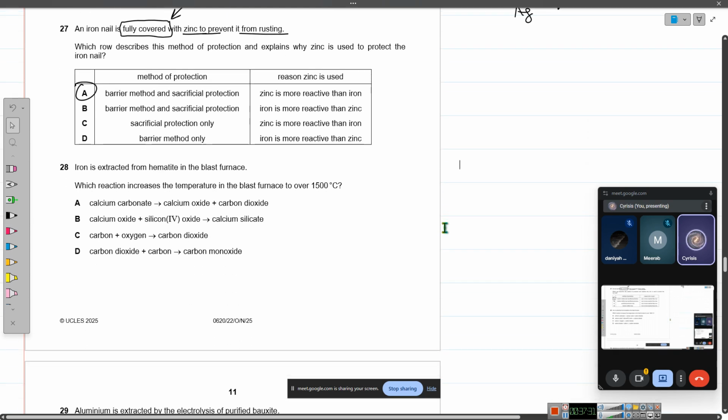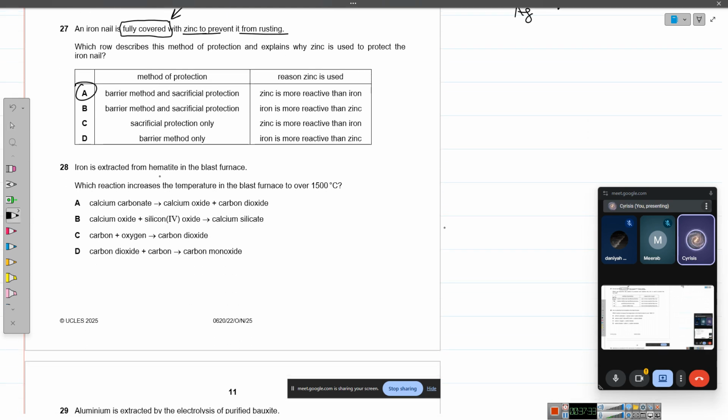Okay. Next one. Iron is extracted from hematite in the blast furnace. Which reaction increases the temperature in the blast furnace over 1500 degrees Celsius? Calcium carbonate reacts with this to give carbon dioxide and calcium oxide. No. Calcium oxide with silicate forms calcium silicate. Not at all. Carbon plus oxygen gives us carbon dioxide. Carbon dioxide plus this gives us carbon.